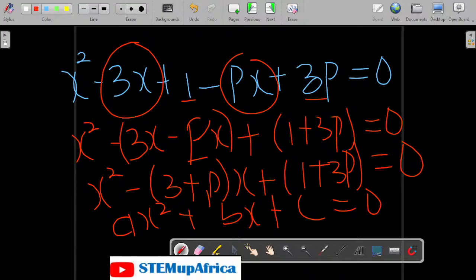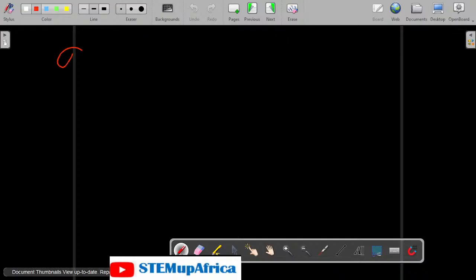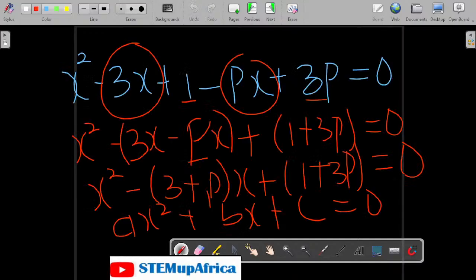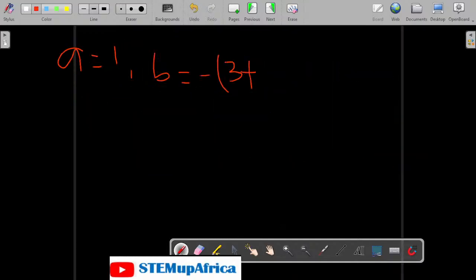So if I compare now, my a is 1, my b is minus (3 plus p), and my c is 1 plus 3p.